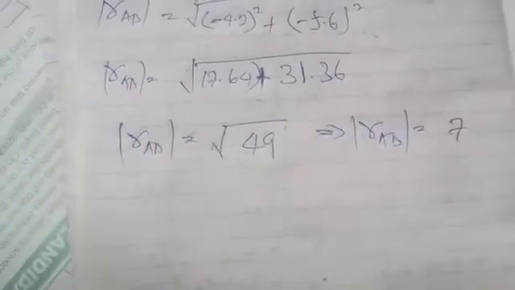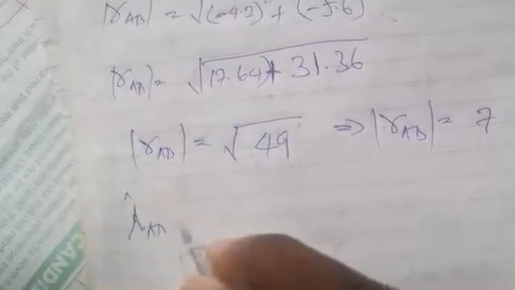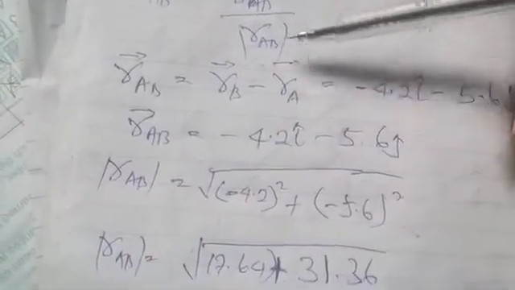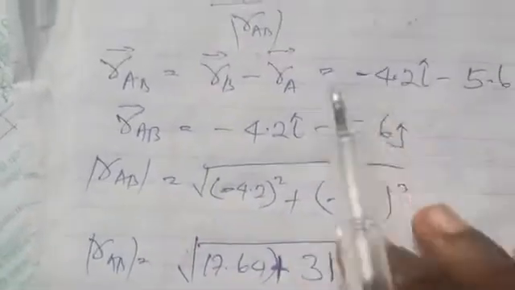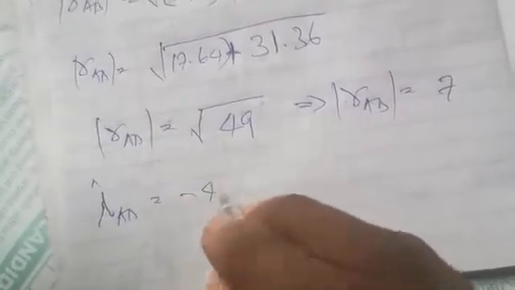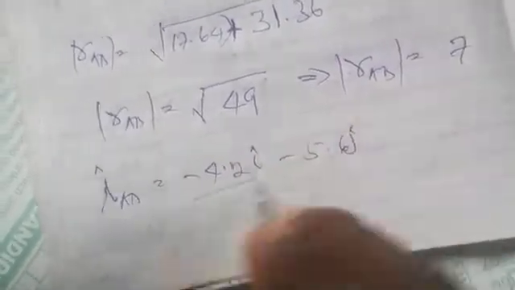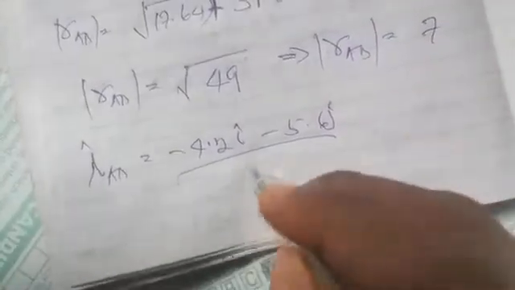Alright, so after that, the unit vector lambda AB is, as we said, the position vector over the magnitude. The position vector is minus 4.2 i minus 5.6 j, all over the magnitude, which is 7.